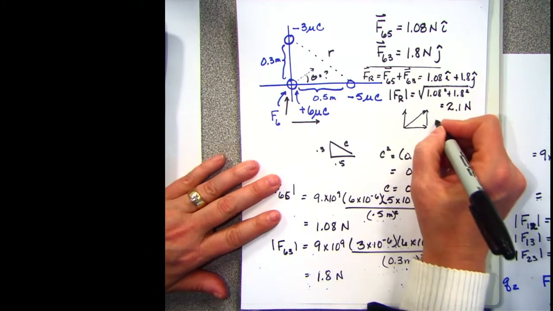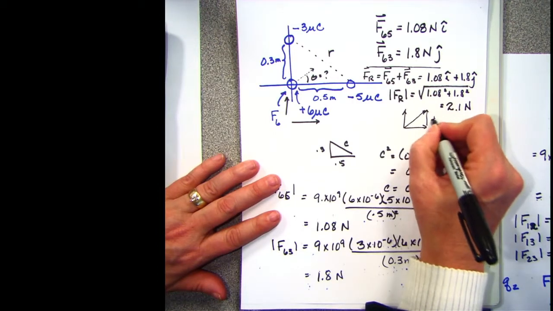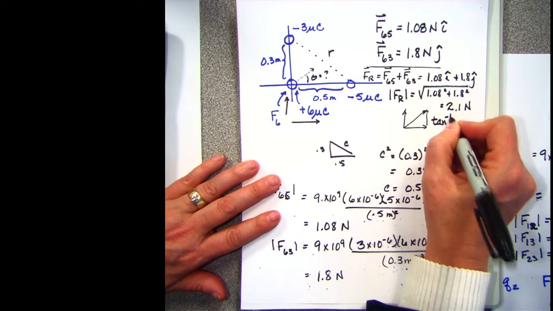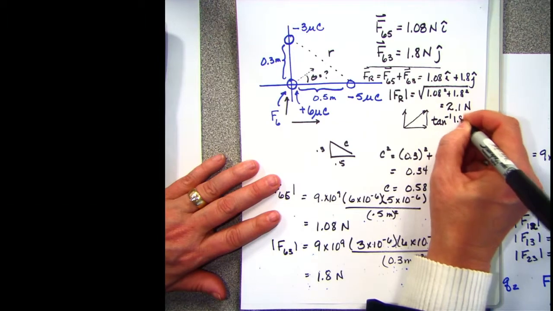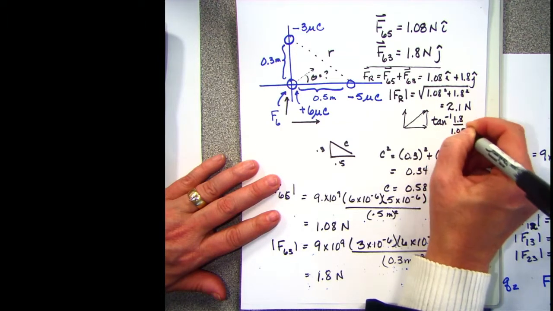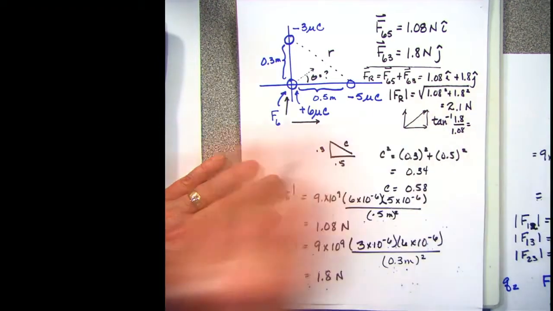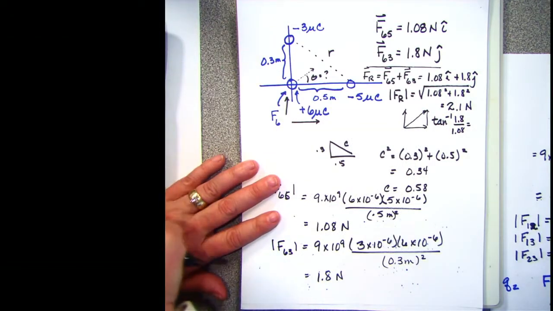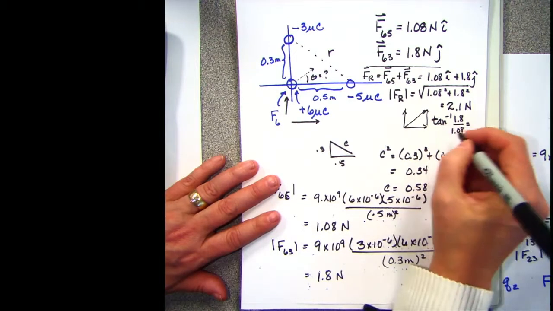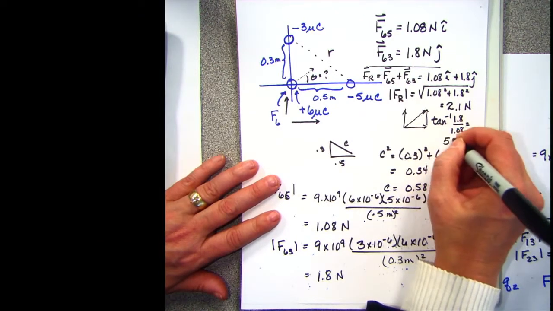My angle, remember my angle is going to be the arc tangent of my y, 1.8 divided by my 1.08, is going to give me my angle. And that's going to be 59 degrees.